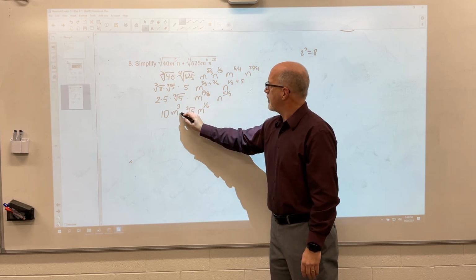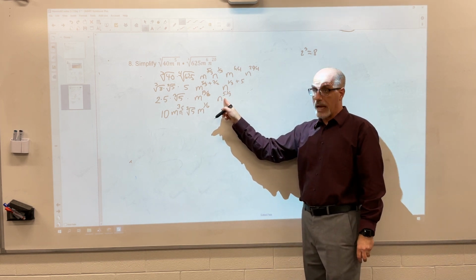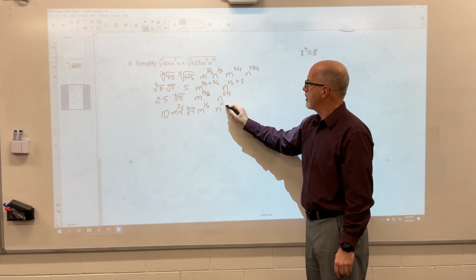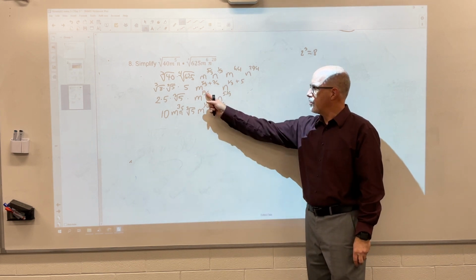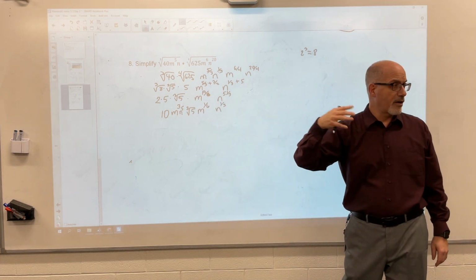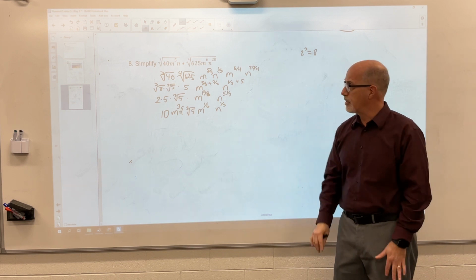This n to the 5th can come out because it's out of the radical, but I still need n to the 1/3. So do the mixed numbers, pull out the ones that are the integer parts of it, and leave the others underneath.